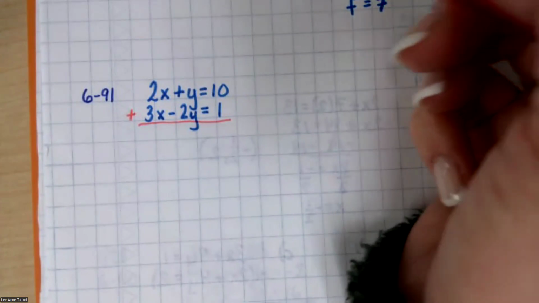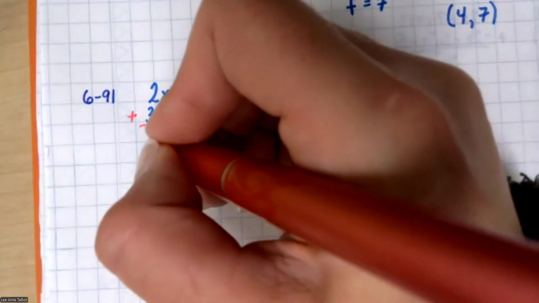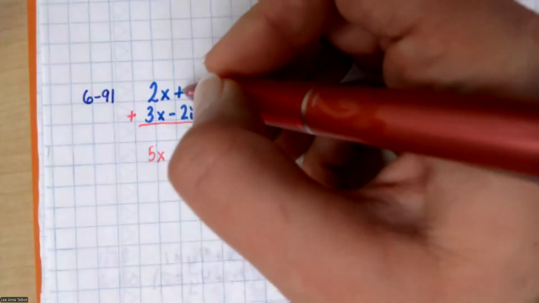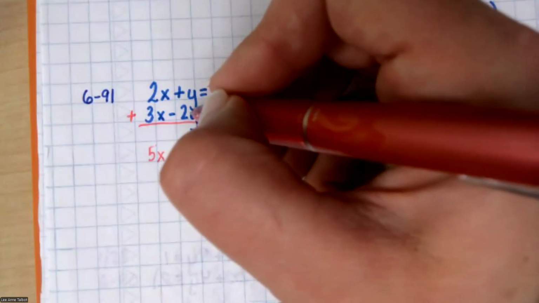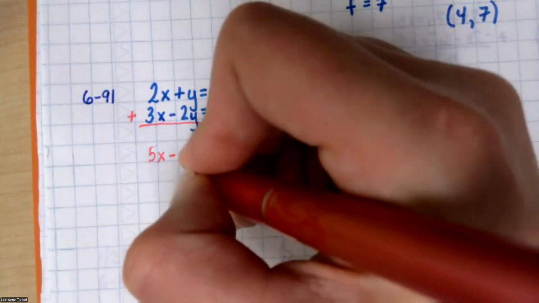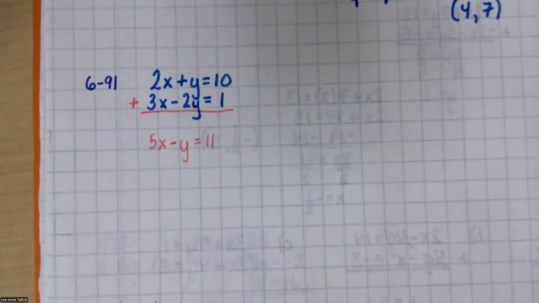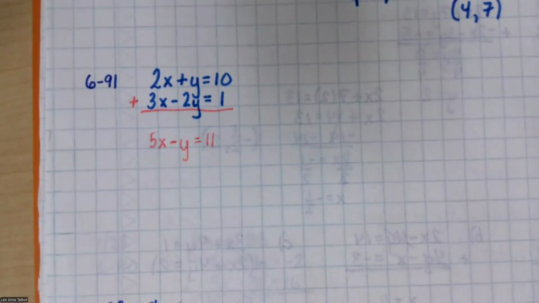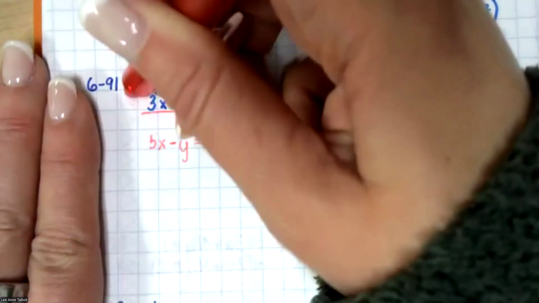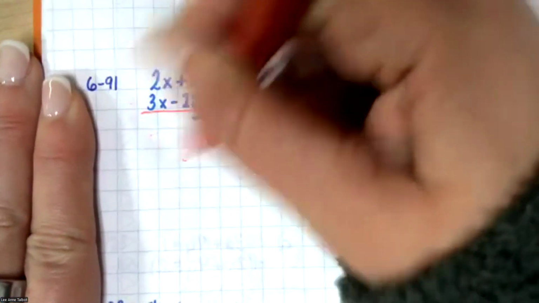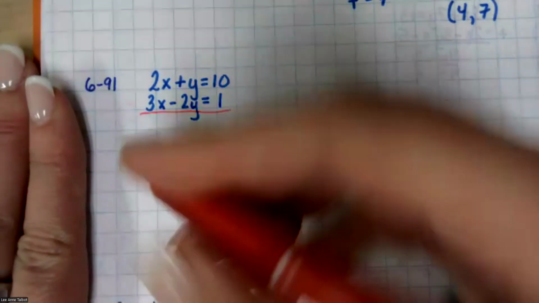Don't write this. 2x plus 3x is 5x. 1y plus -2y is -y. 10 plus 1 is 11. Did I eliminate? No. Cripes. That's why I did.